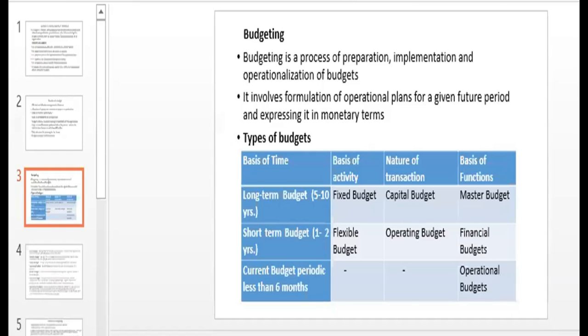Then the 6 months period are operational budgets. Now I'm going to take you through a definition of each one of these so that we understand the purpose for which these are prepared. And as you can see, we have the activity-based, the nature of transaction-based, and the function-based budgets.